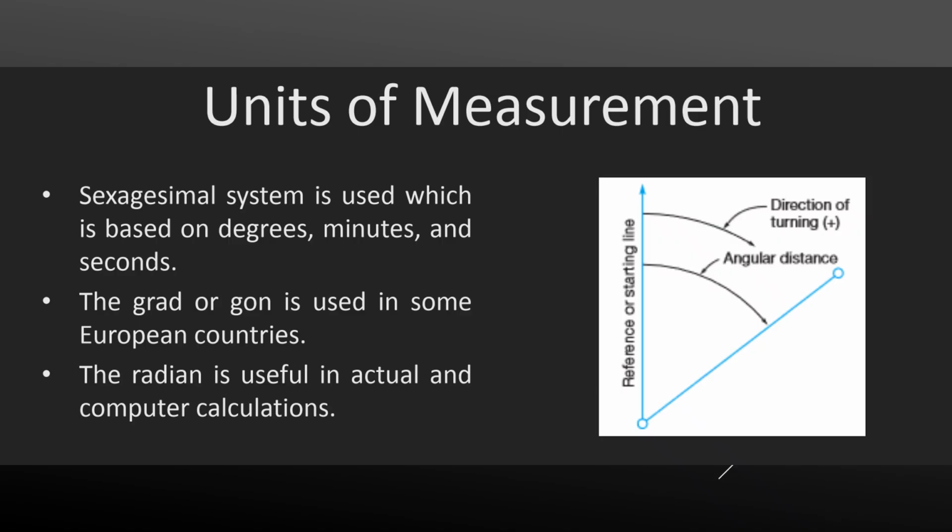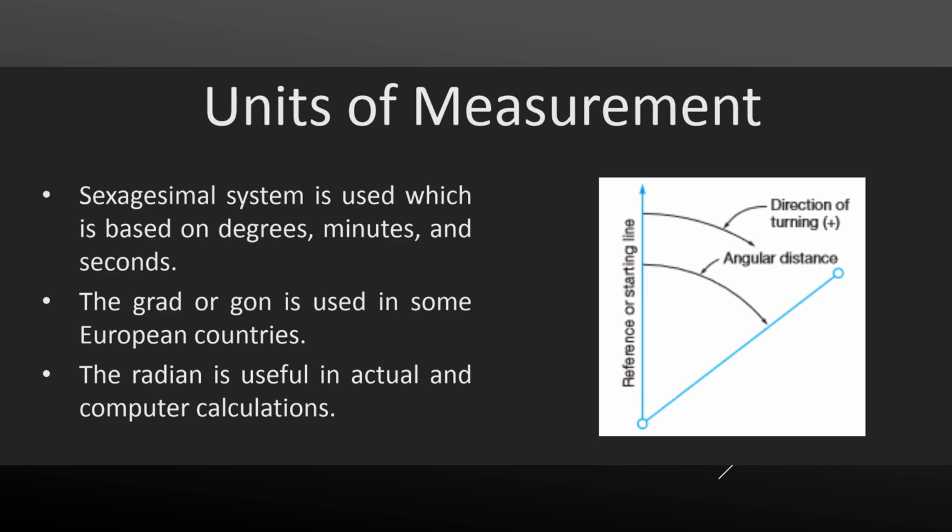A mil can be defined as 1/6,400th of a complete revolution, or an angular measurement of 1 over 6,400 of 360 degrees. In practical terms, a mil represents a very small angle and is useful when precise angular direction is required.